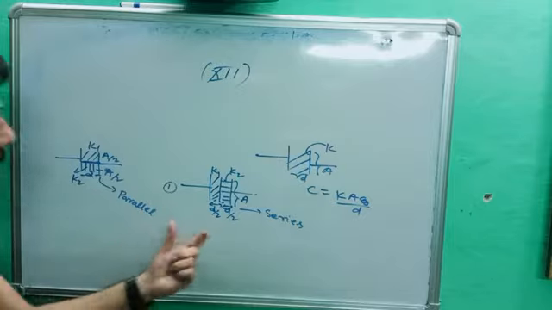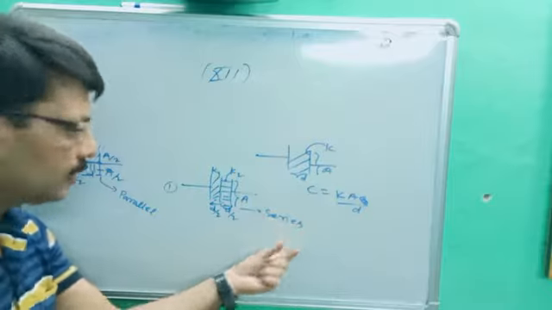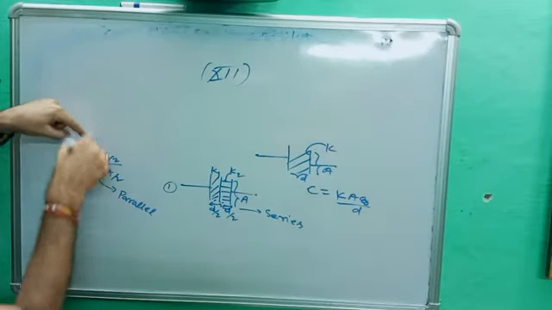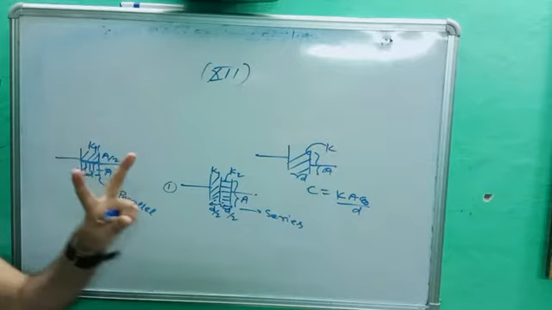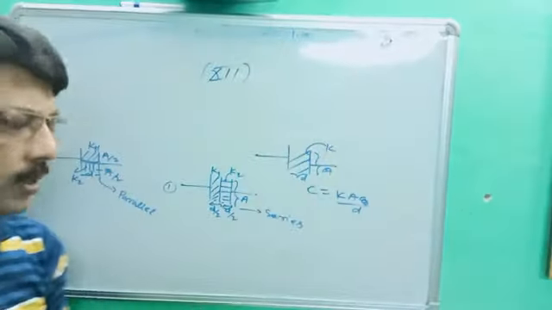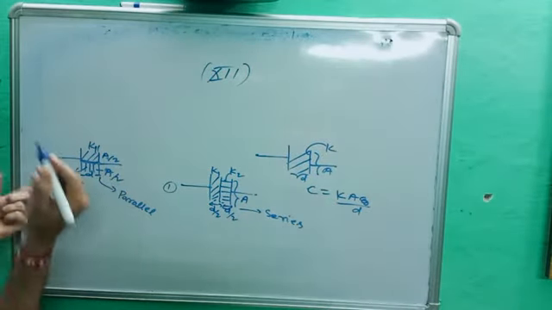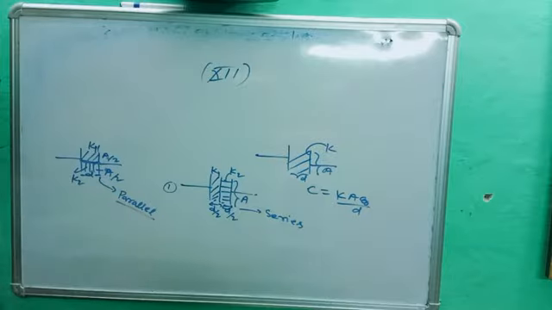Are you getting? If the distance is divided, area same, this is called series combination. If the area is divided, you are filling dielectric constants up and down, here K1 and here K2. It means the area becomes two parts, A1 and A2, so A by 2, A by 2, but the distance remains constant. In that type of case you have to apply the parallel combination.